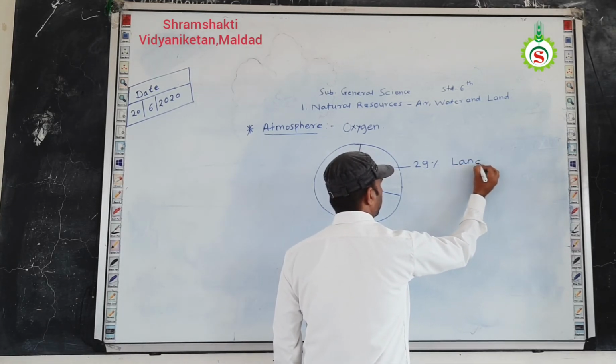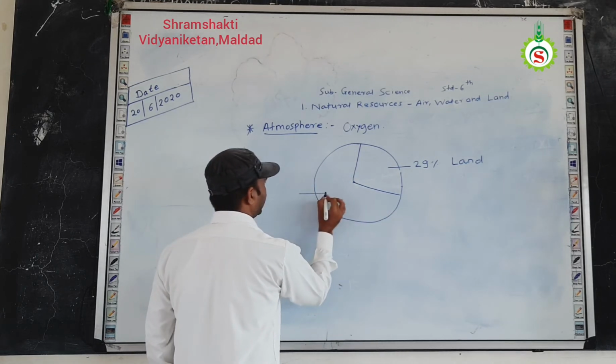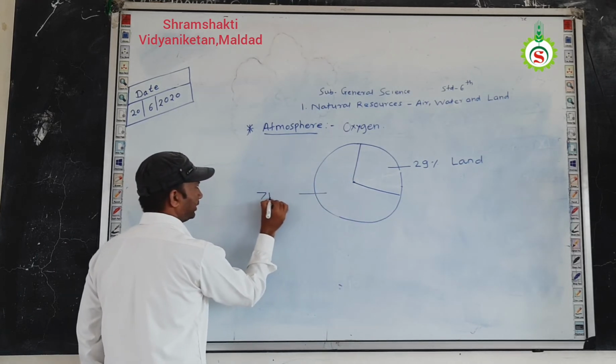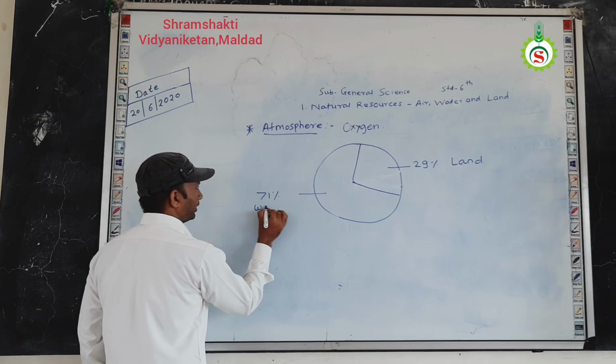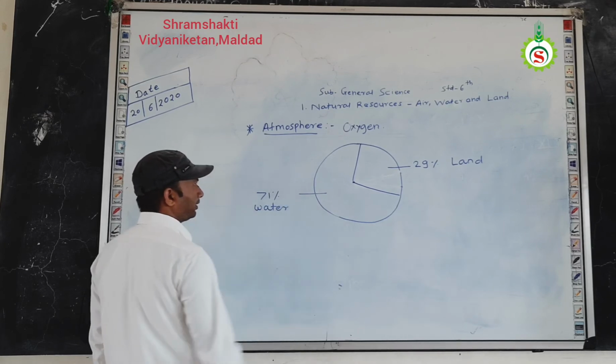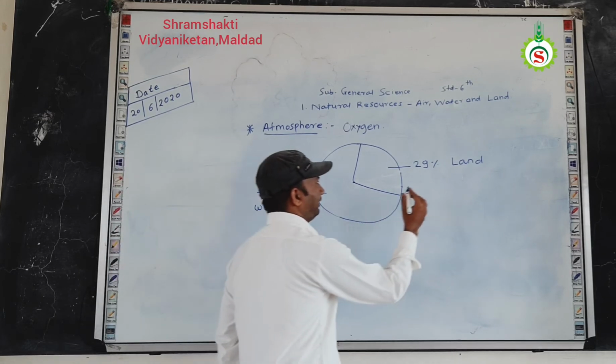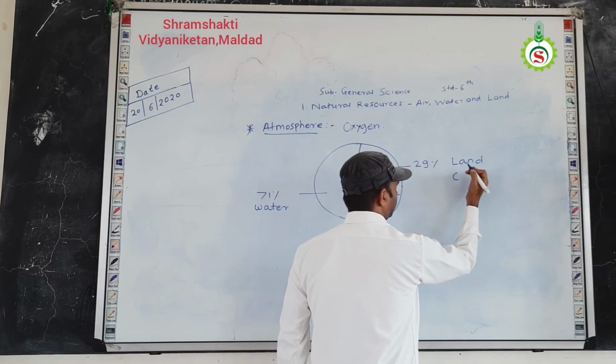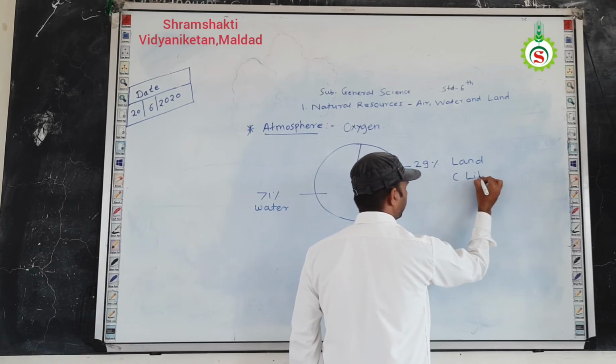Land, and 71% of the surface of the earth is covered by water. 29% land is called lithosphere.